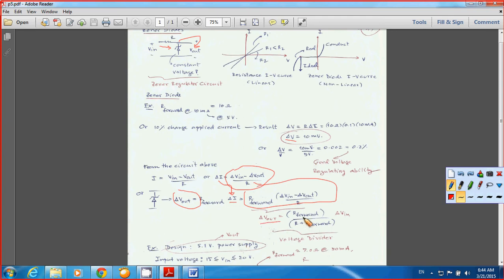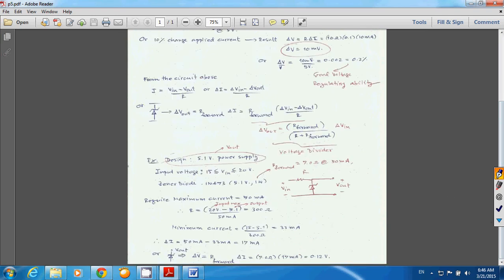You end up with R forward over R plus R forward multiplied by delta V in. It's just like a voltage divider, correct? This is your V in, and you have R forward here, just like we did before. You have R in series with the source voltage and in series with the Zener diode, so you divide by R plus R forward.